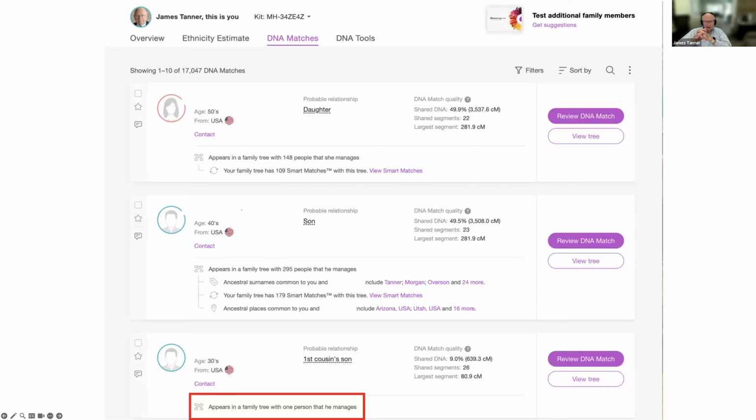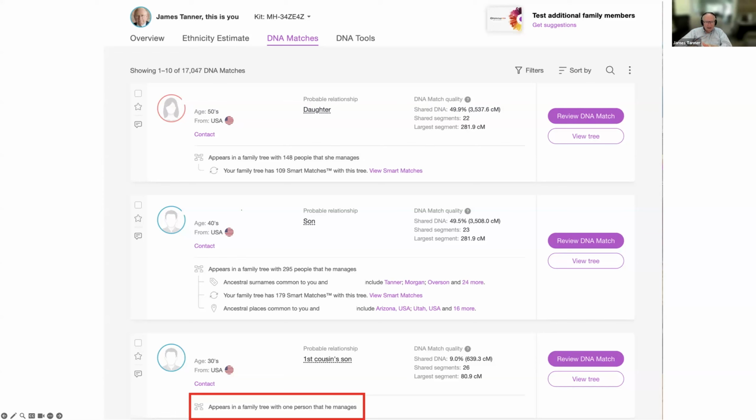Now you'll see here, if you look at this closely, what they have is how many people appear in their family tree. So the first one up there has 148 people in the family tree. The second one has 295 people, and then the third one down there only has one person.